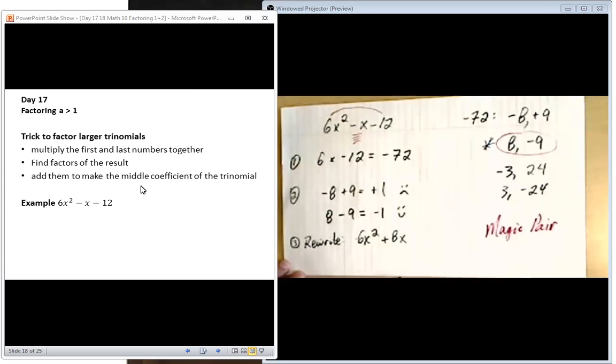The magic pair is sneaking in there. And the minus 9x, and minus 12 there at the end. And if you check, we have our plus 8 and a minus 9, right? Those two x terms are the same as minus 1x that we have up there at the top.